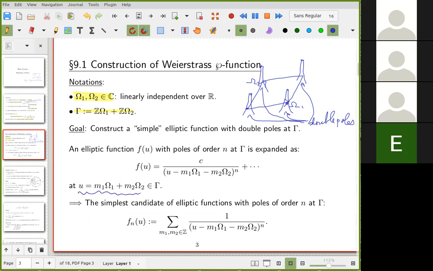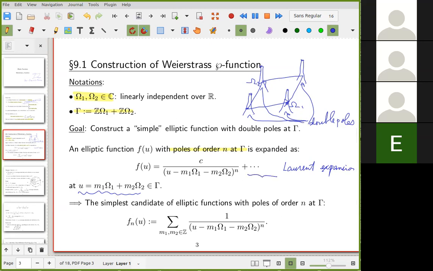m1 omega 1 plus m2 omega 2. Then, if an elliptic function has a pole of order n at these lattice points, the Laurent expansion should have such a form.